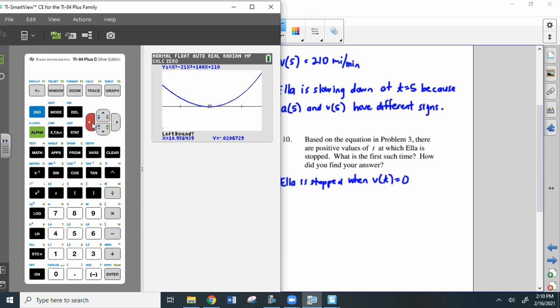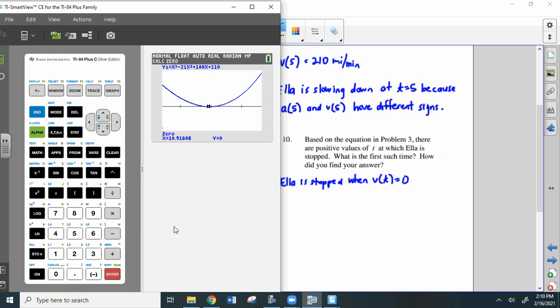Look at your y values. You definitely do have some, and we want the first time it becomes 0, so be careful on that. We've got some positive y values, and they're getting smaller and smaller, and now they're negative. For the left bound, you want something that would actually be positive, and the right bound, you would want something that's negative, and then you want to take your guess in the middle.